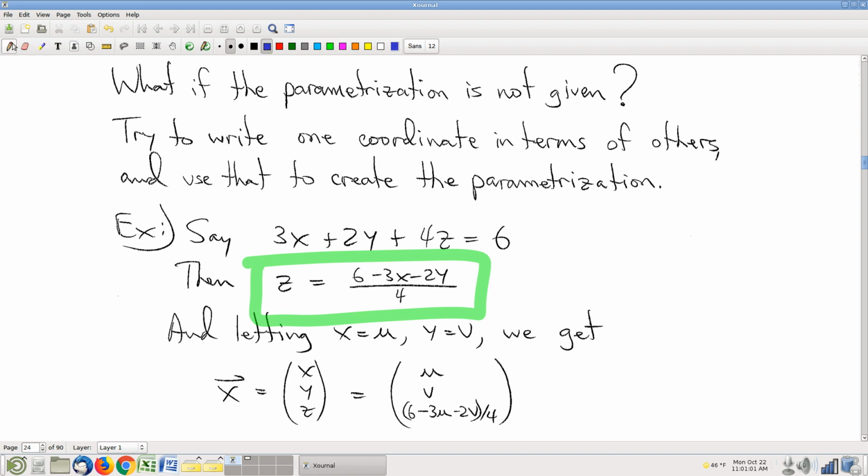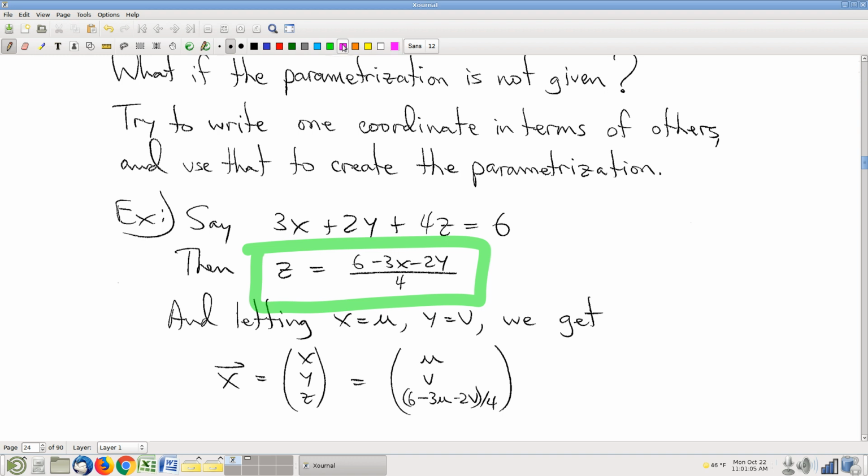Once you've done that, it's all downhill from there. You're pretty much done at this point. So here's the way you finish it off. The variables that the other variable is written in terms of, like x, for example, just call it u. Right? So x is u.